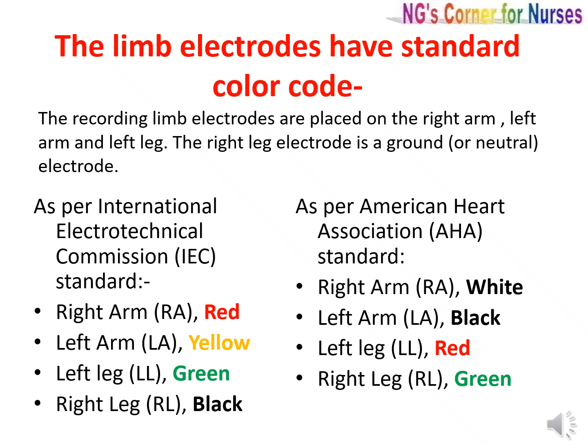As per the International Electrotechnical Commission standard, the color codes are: for right arm, red; for left arm, yellow; for left leg, green; and for right leg, black. And as per the American Heart Association standard, for right arm it is white, for left arm it is black, for left leg it is red, and for right leg it is green.